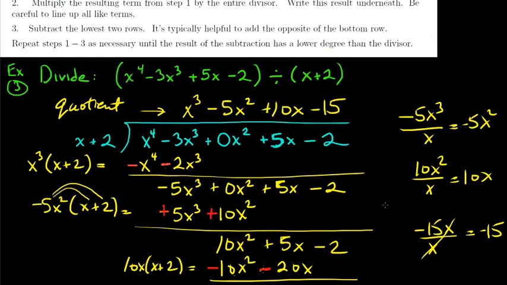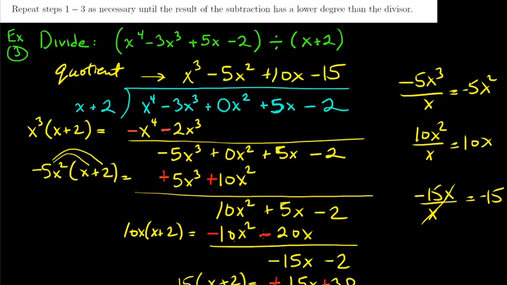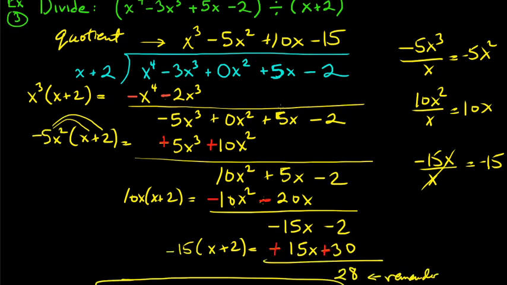Okay. So, yep, this is how it works when you have your missing terms. If you're missing 0x squared, right, notice there's a missing 0x squared in here. You better include that in the long division, in the dividend. Because if you don't, all I can say is good luck.